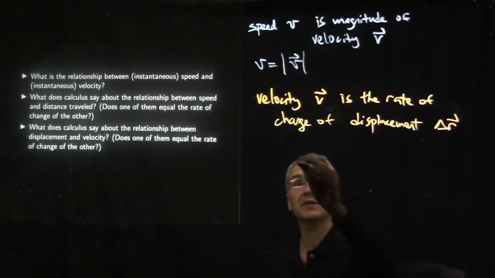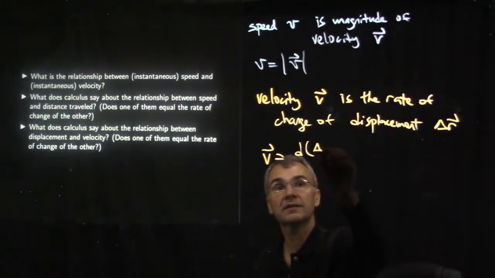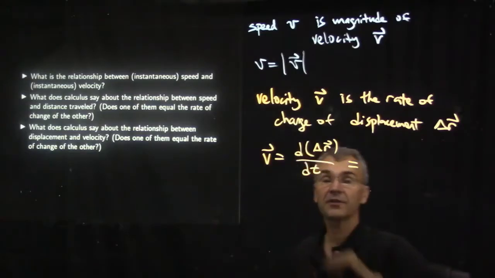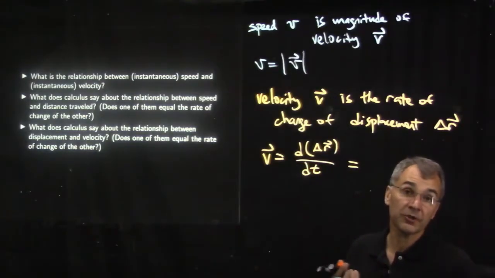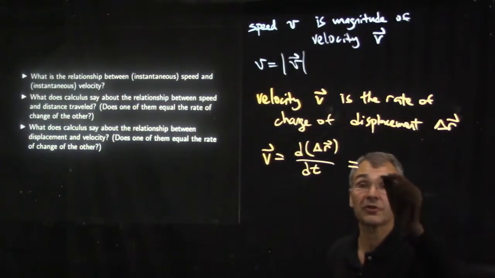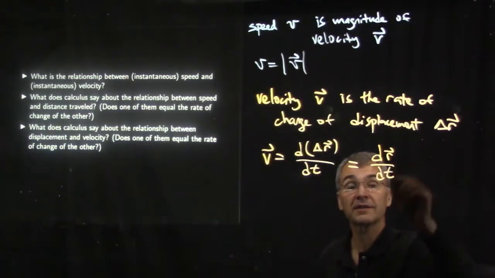So I guess that means that v is d delta r dt. But actually, delta r is just where you are now minus where you started, and where you started is a constant. And the rate of change of a constant is 0. So it's the same thing as dr by dt.